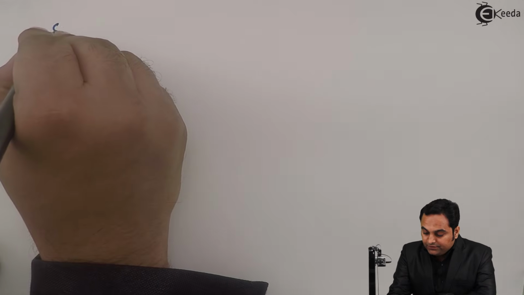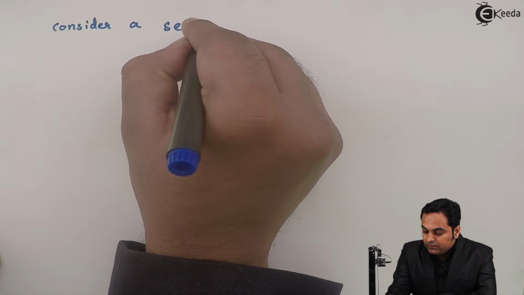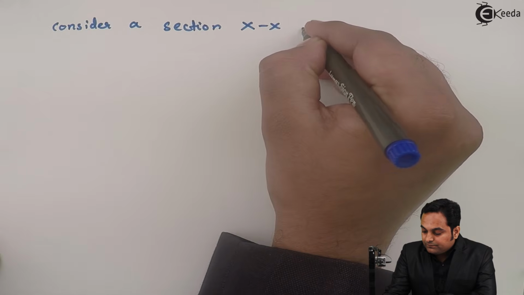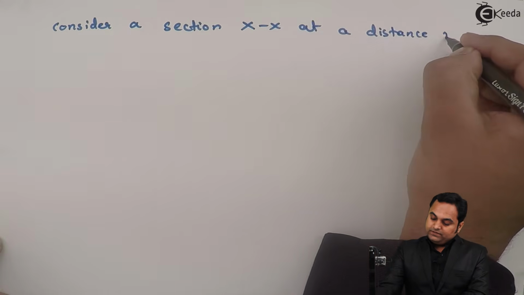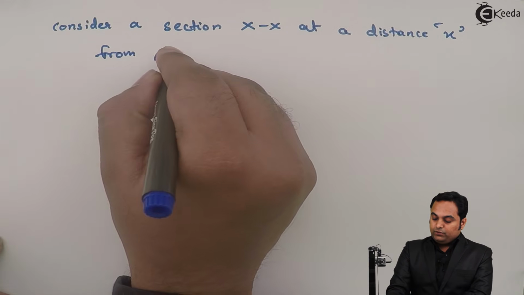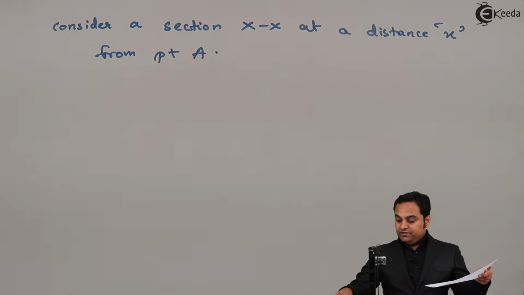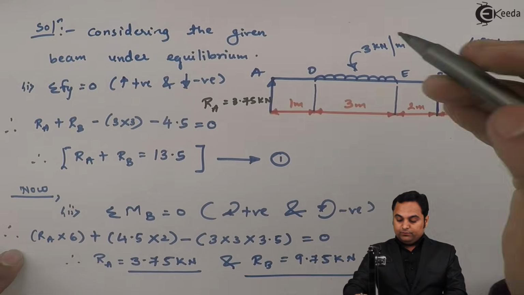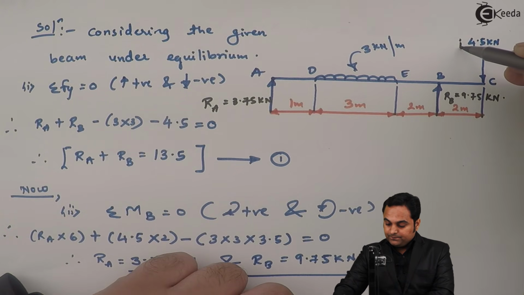Now after finding the support reactions, next I'll say that consider a section XX at a distance x from point A. So here I am considering a section from point A at a distance of small x.